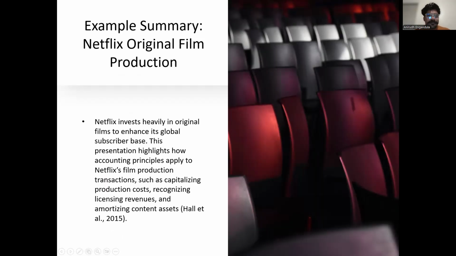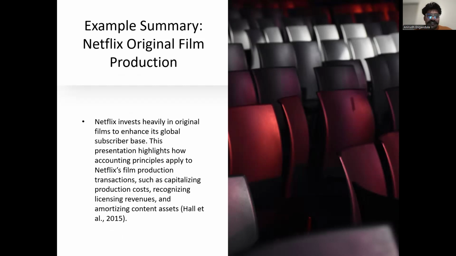Okay. So at first, let's talk about the entire scenario that I'm going to be talking about. Netflix invests billions each year in creating original movies and shows to attract and retain subscribers worldwide. In doing so, the company must properly account for various financial transactions related to production, licensing, and amortization.